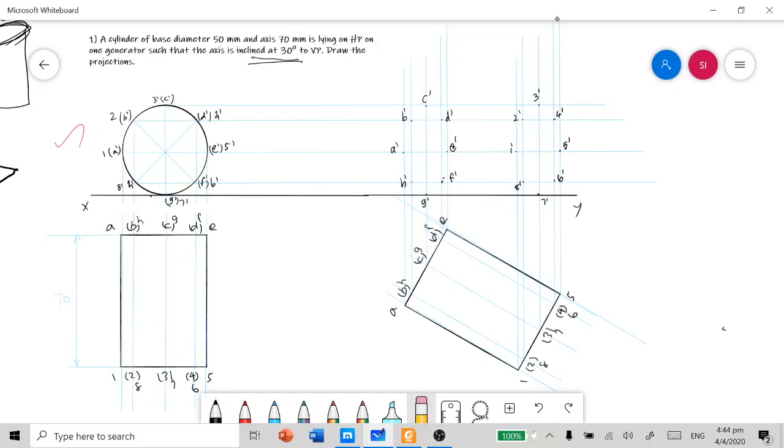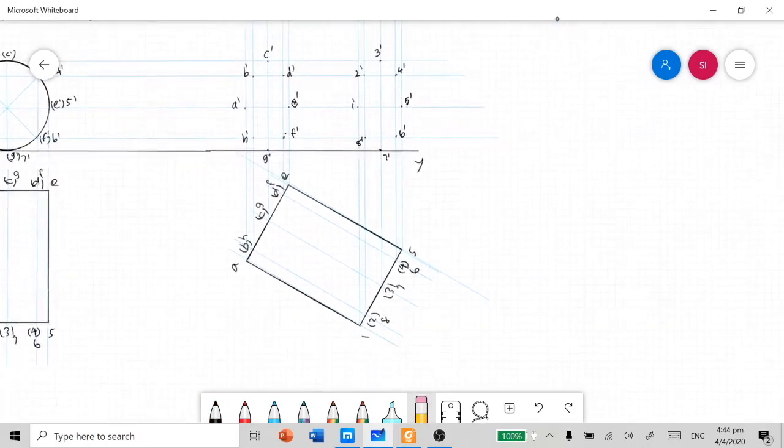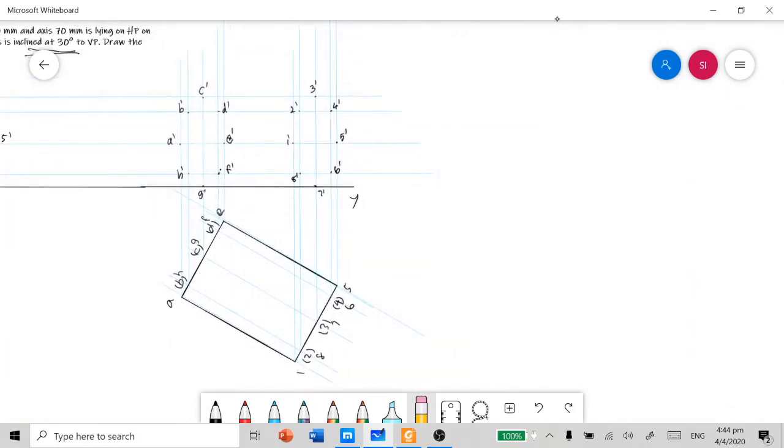And then as per our old rule, we can complete the projection. The first rule is to join all outermost points as visible edges. It's actually a solid of revolution cylinder, so we can call them curves.